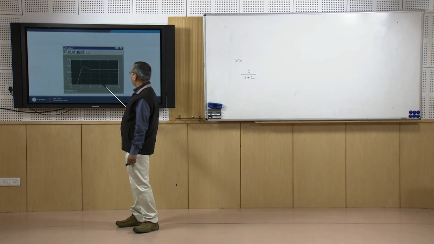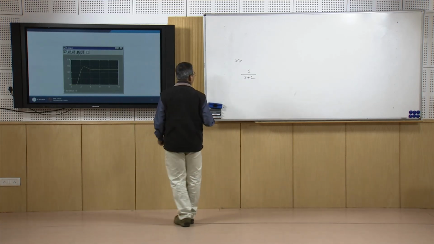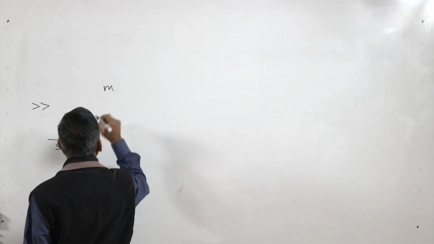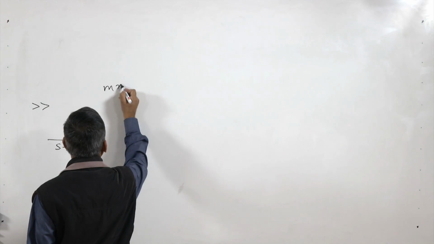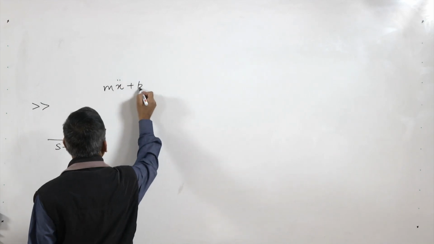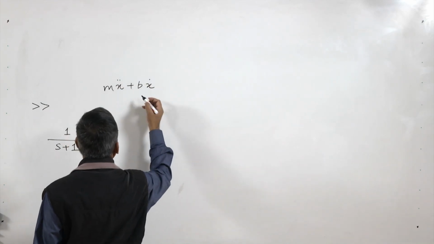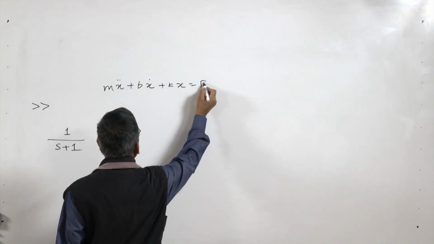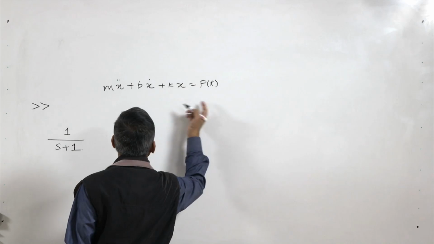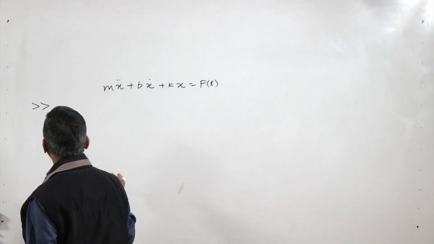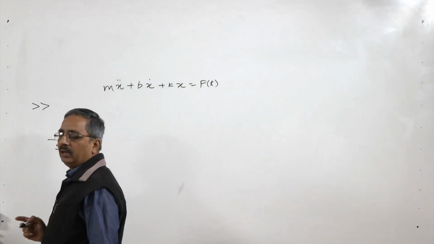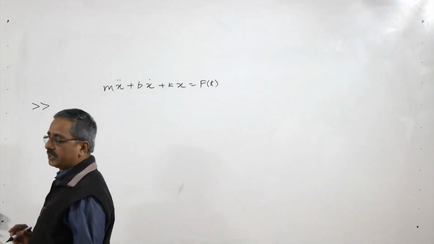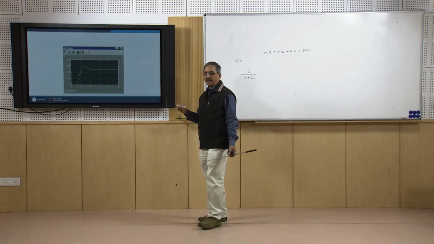If you want to try, you can create a Simulink model to simulate our well-known system, say m x double dot plus b x dot plus k x equal to f(t). You can simulate the free as well as the forced vibration case for this system, and you can see the behavior.